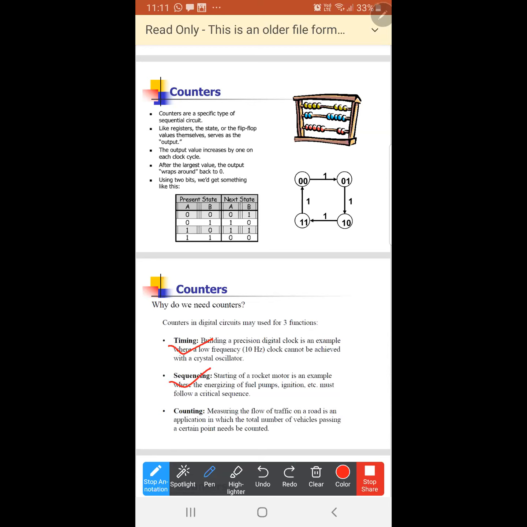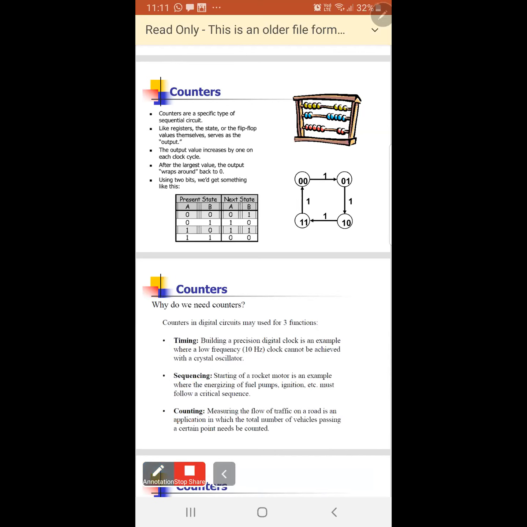If I have 2 or 3 things that I need to synchronize together, I can place a counter, so it will start after 5 or 10 minutes and all will work at the same time. There are so many uses for the counter, and we use them in our daily life. Okay, so let's start counters.